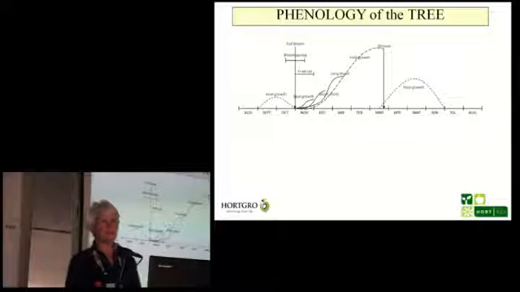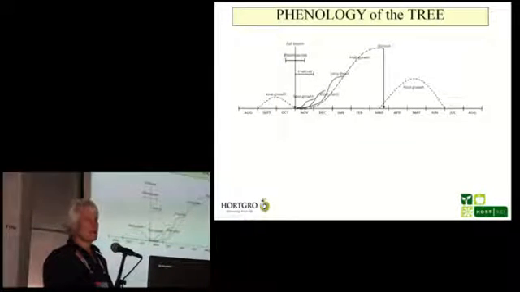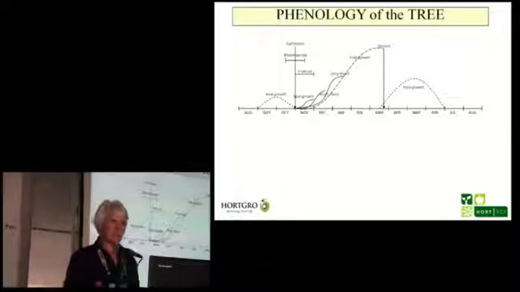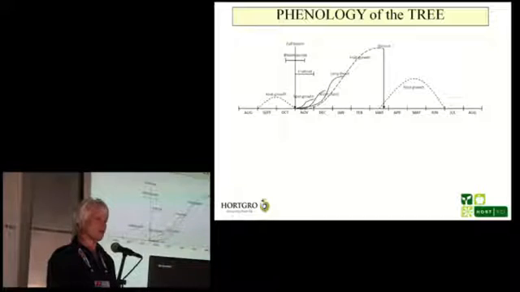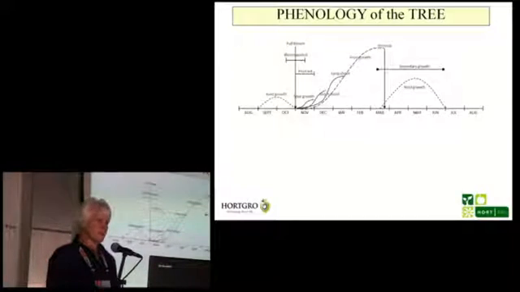And then there's a major peak in root growth really after shoot growth has ceased and also the fruit have been removed from the tree in autumn. So this is the general sort of concepts of when it happens. I know it's not always that simple, and it also depends obviously on your growing conditions as well as the age of your trees.